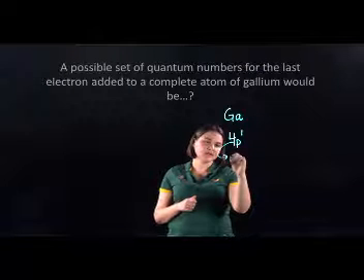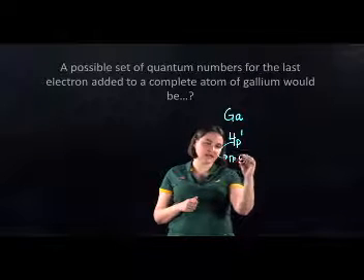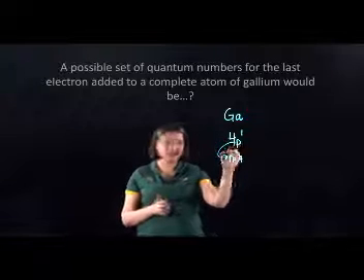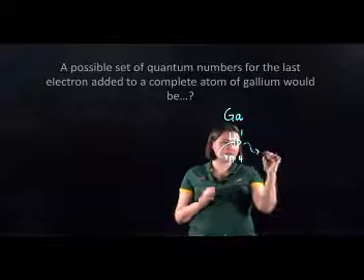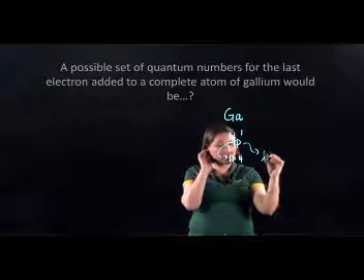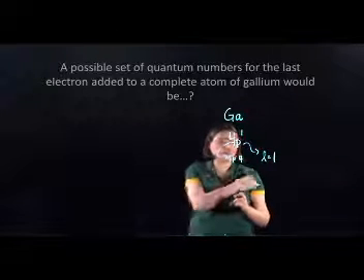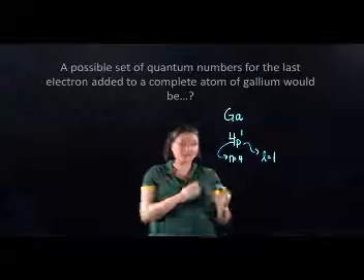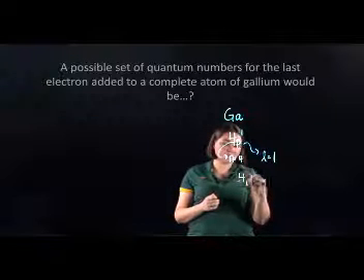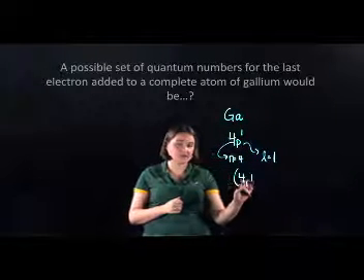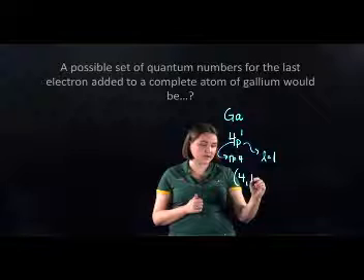4 is going to be equal to the n, okay? This is your energy level. P, you can determine L from. Since you're in a p, you should have an L of 1. So that means our first two quantum numbers are going to be 4 and 1.